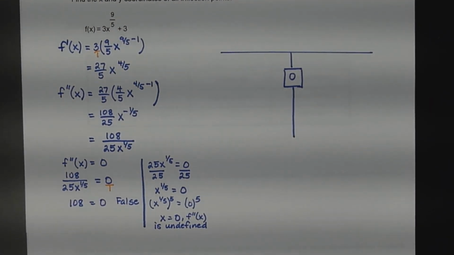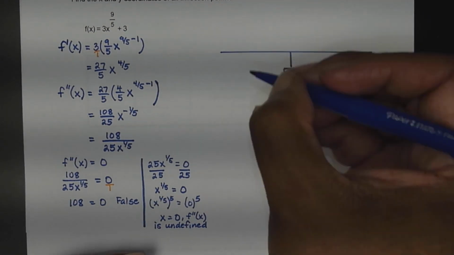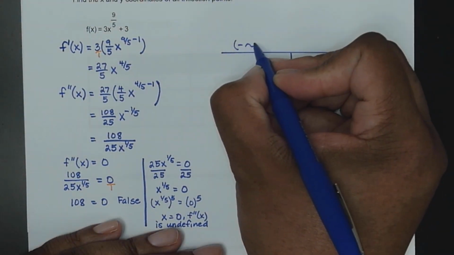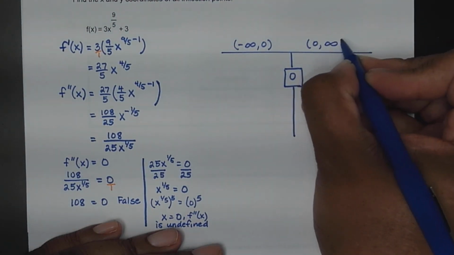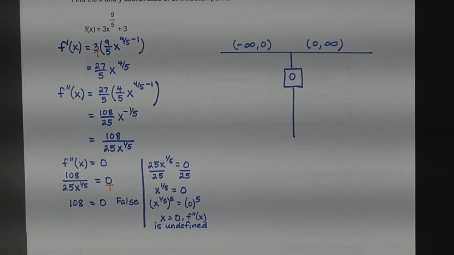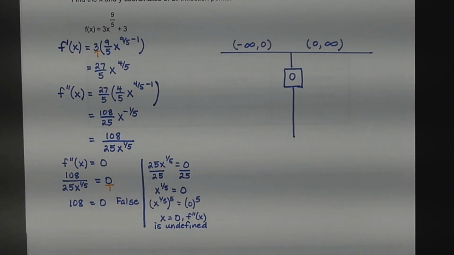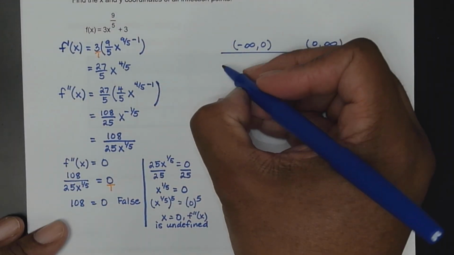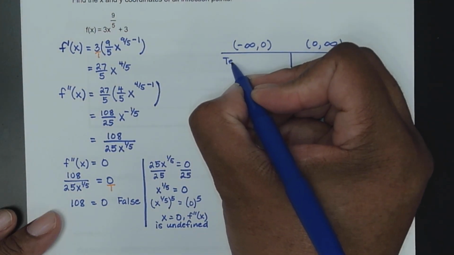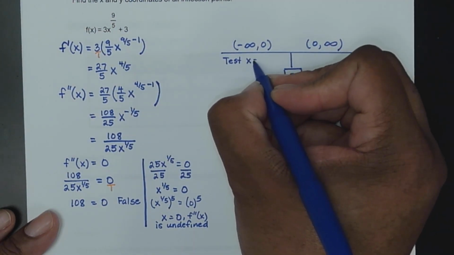All right, in this case here, we have two intervals. One would be from negative infinity up to 0, and then from 0 to infinity. Now let's pick test points for each interval. One test point for negative infinity to 0 will be just negative 1.